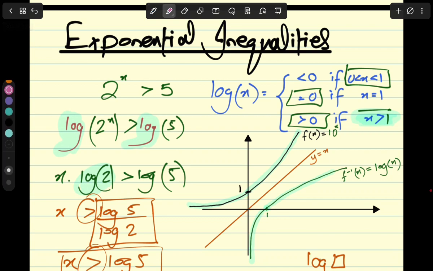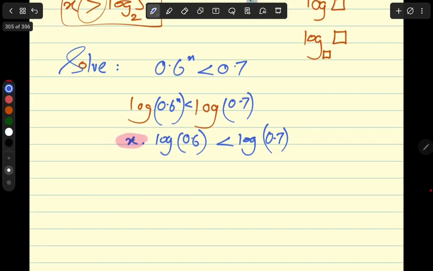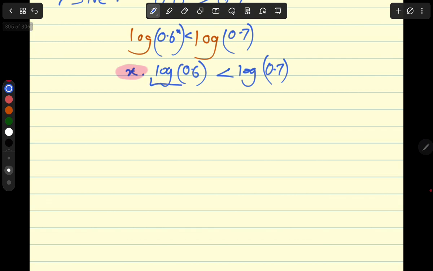Now that I know how this function behaves, since 0.6 lies in this domain, the log is going to be negative. When I press this in my calculator, this is going to be negative. Let's say this is negative 0.28. So this is negative 0.28x is less than, let's say, I'll keep log of 0.7 as it is.